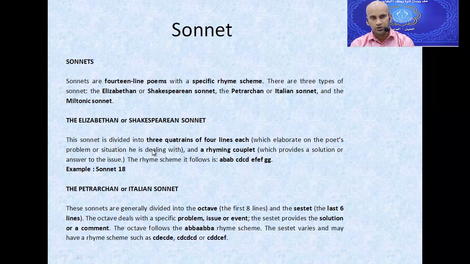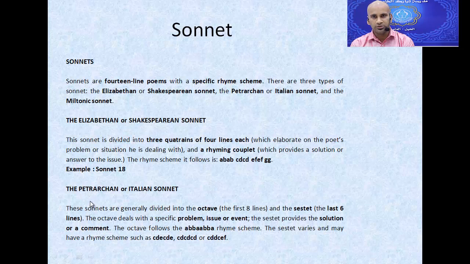So usually the first part provides a problem or a situation, and the couplet provides the answer to the issue or a comment on the description. The rhyme scheme of this sonnet is AB, AB, CD, CD, EF, EF, GG. For example, Sonnet 18 that you studied in grade 11.